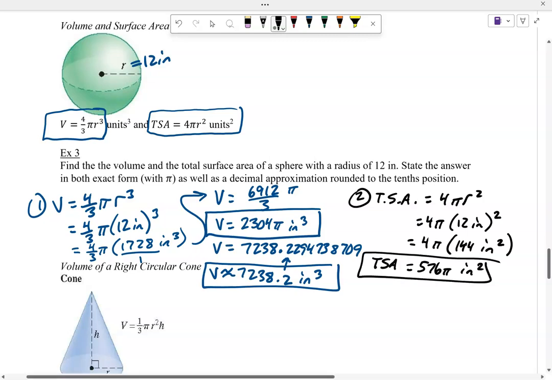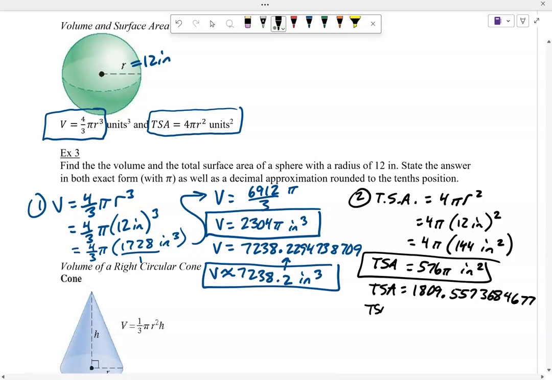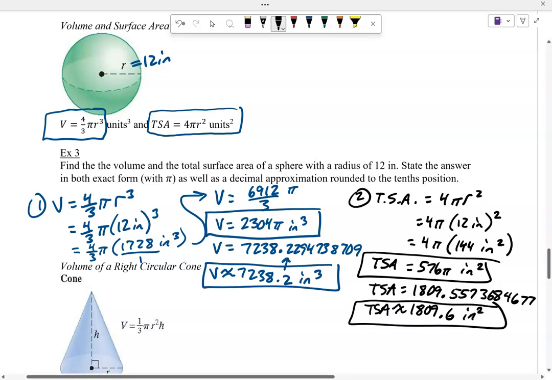Now let me go ahead and multiply that by pi, and I get 1809.5573684677. So if I round that, oops, 0.6, right? If I round it to the tenths position, square inches.